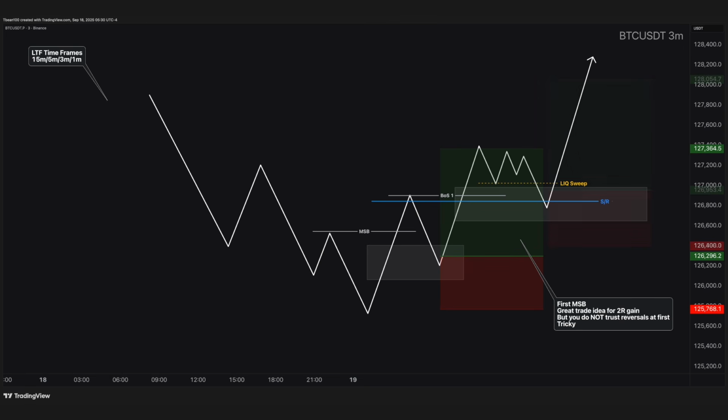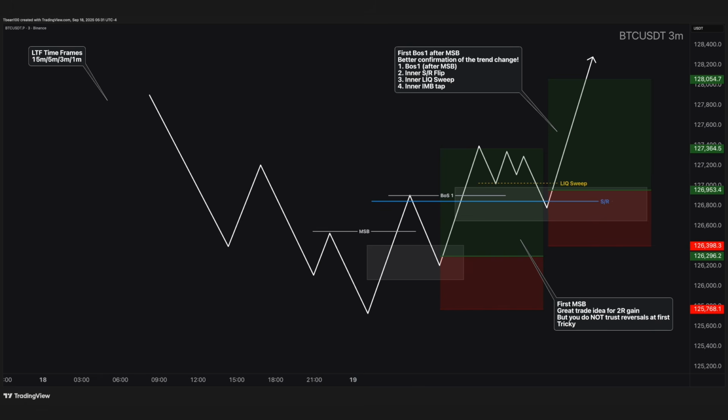These setups are what I call the A+++ trades. Why are they so powerful? Because when you see that first break of structure right after the market structure break, it gives you stronger confirmation of a true trend change or a real reversal.